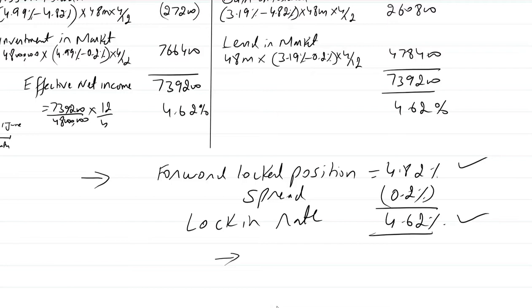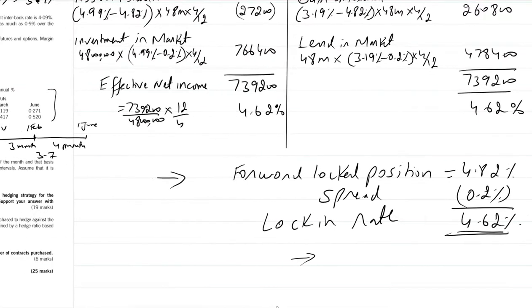In case of borrowing, add the spread. In case of lending, deduct the spread. This 4.62% is your effective interest income if interest rate rises or even if interest rate falls. So this is a very simple way to solve this. I will recommend you solve through this easy method, but write two statements in the exam that if interest rate rises or interest rate falls, your interest income has been locked at 4.62%.